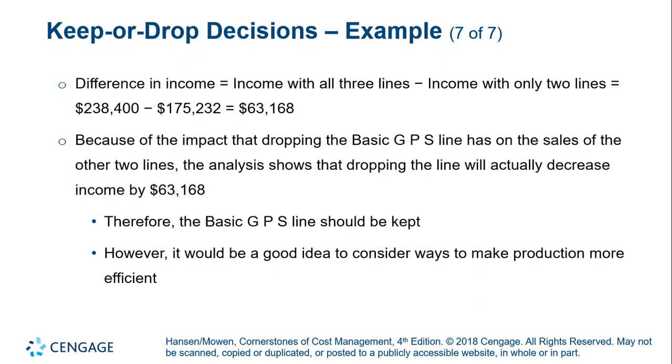The analysis shows that dropping the line will actually decrease income by 63,168. Therefore, the basic GPS should be kept. However, it would be a good idea to consider ways to make production more efficient.